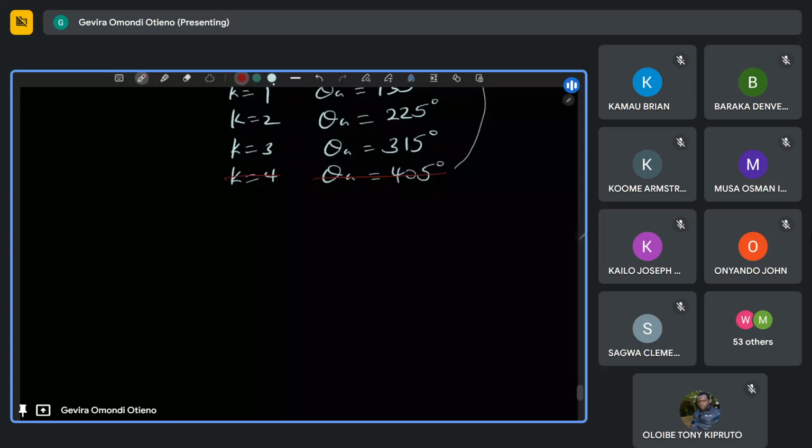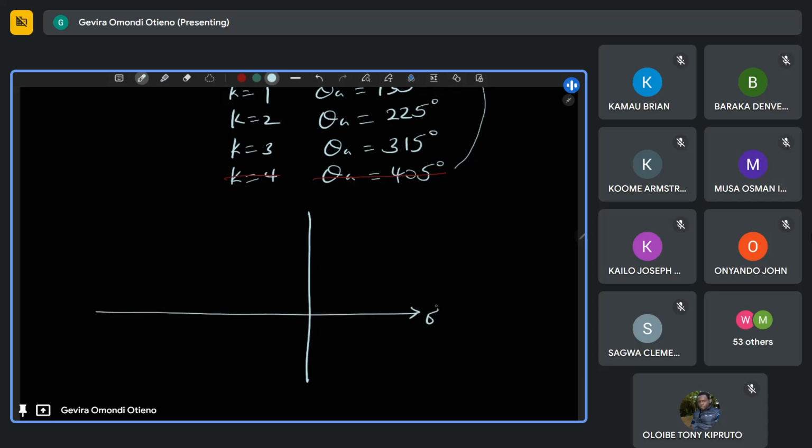So we can actually plot our root locus like that. Sigma, j omega, origin, -1, -2, -3, -4, -5, -6.